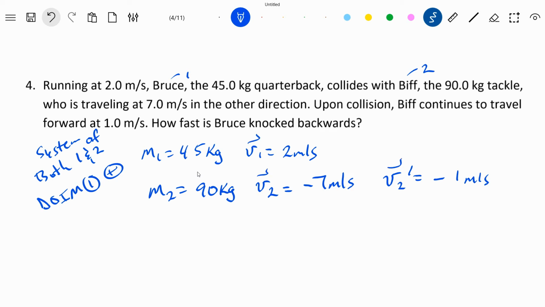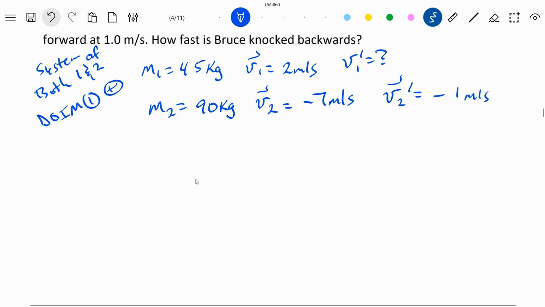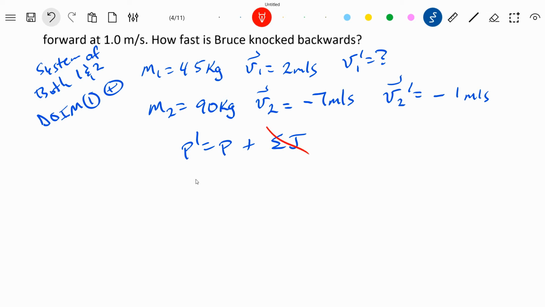Vectors for all those. How fast is Bruce knocked backwards? So V1 prime is what we're looking for. This is exactly the same as the bowling question that we just looked at, so I'm going to do this really quickly. P prime equals P plus J, and there was no net J, because I've designed my system to be that way.